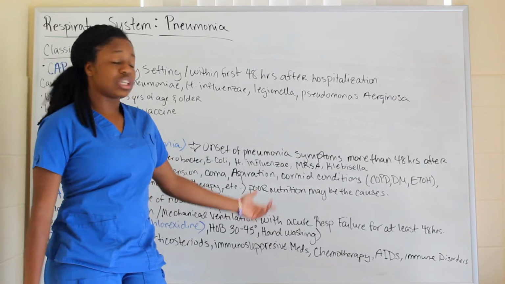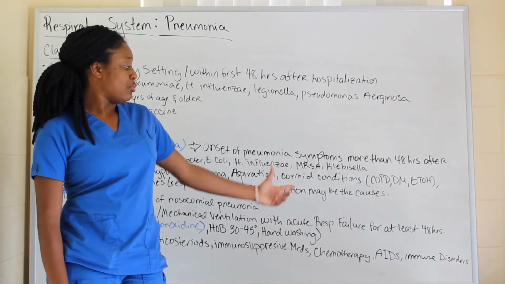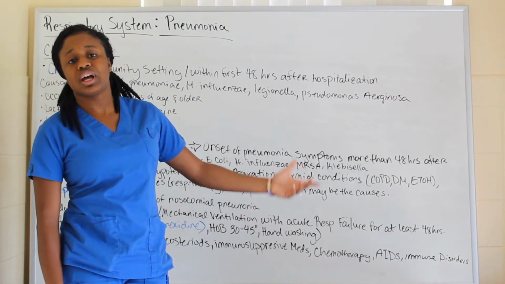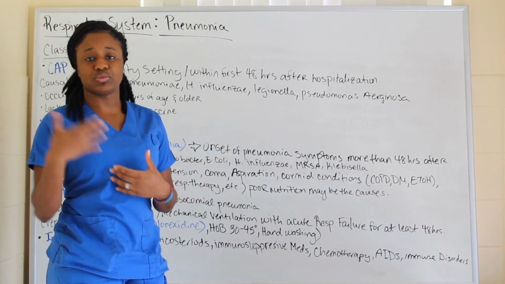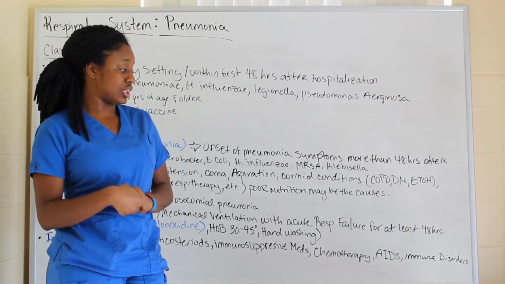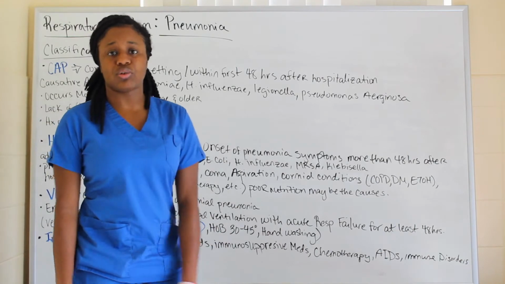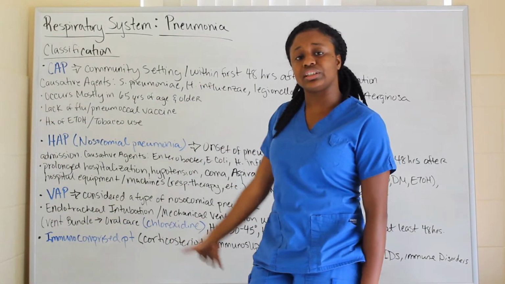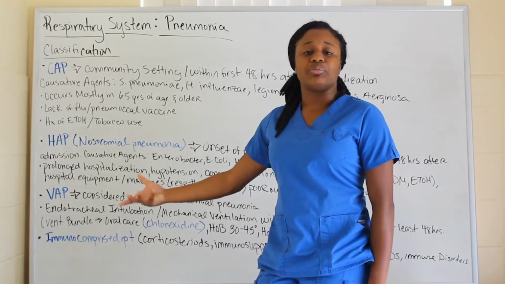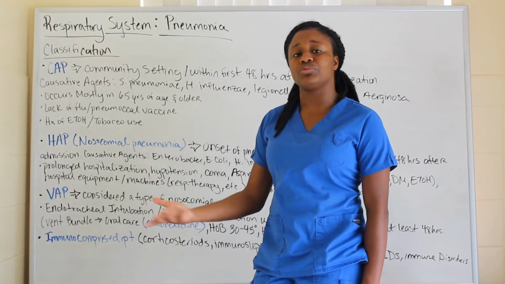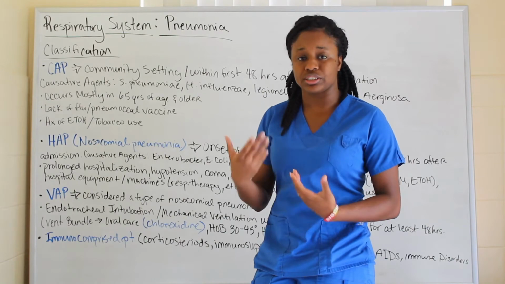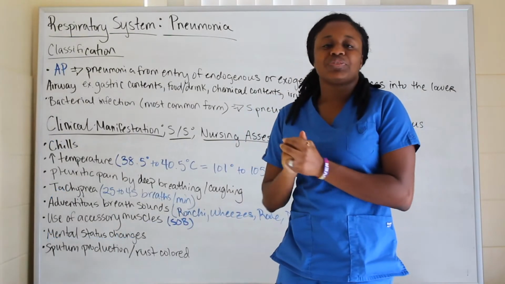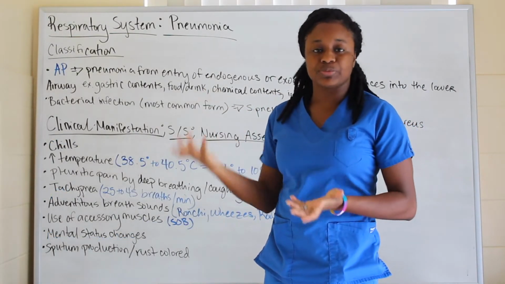Chemotherapy patients, people who have AIDS, and immune disorders like lupus also put you in the category of immunocompromised. So this is the other category a patient can fall under when it comes to pneumonia.